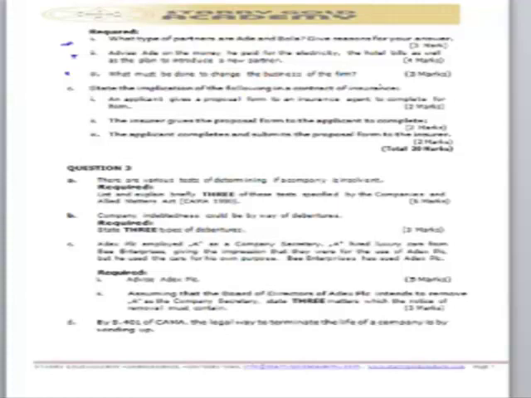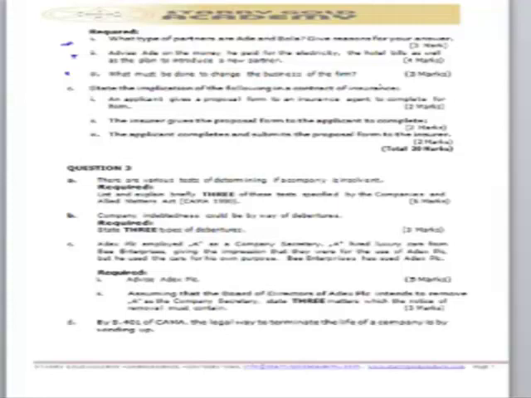So before you can answer this question, you need to know the process of being an insured person. That means the process of entering into a contract with an insurance company, what is involved. The agent of the insurance company, what is the position of any agent, the position of the insurance company, and the position of the proposed insured. That is what you need to do to answer this.